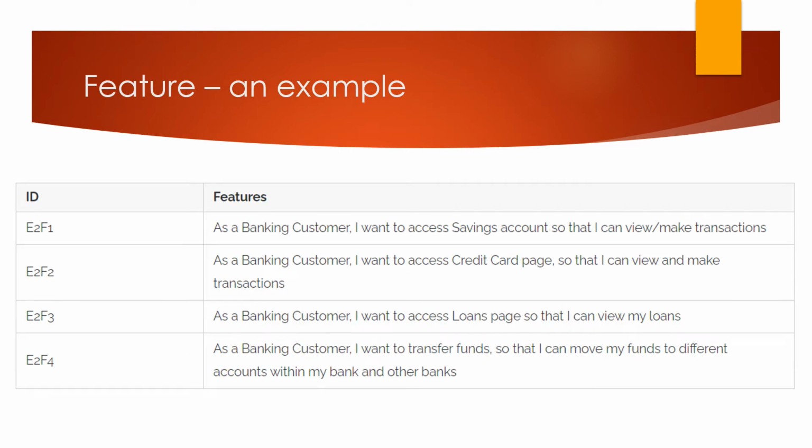How can we build features from that epic? We want to have a net banking website as an epic. Look at some of the features of the epic. As a banking customer, I want to access my savings account so that I can view and make transactions.